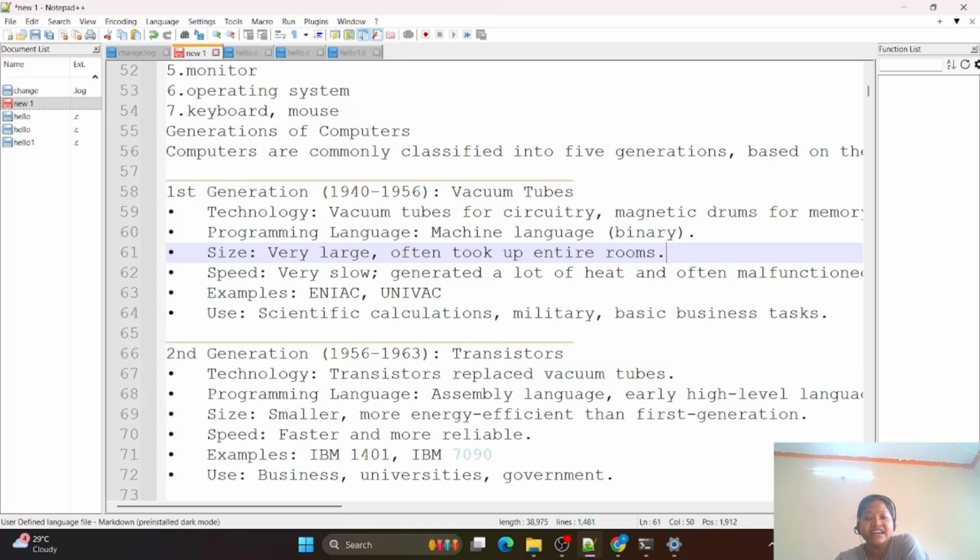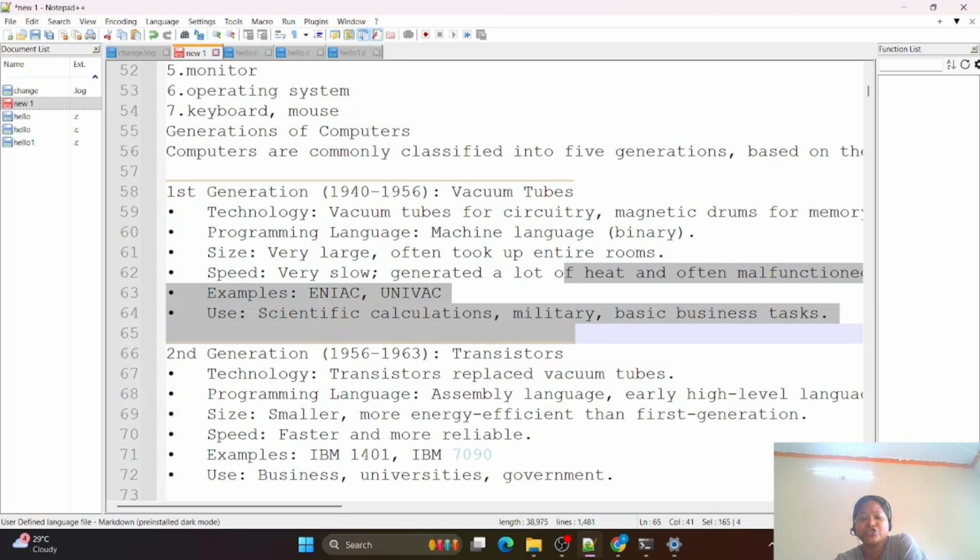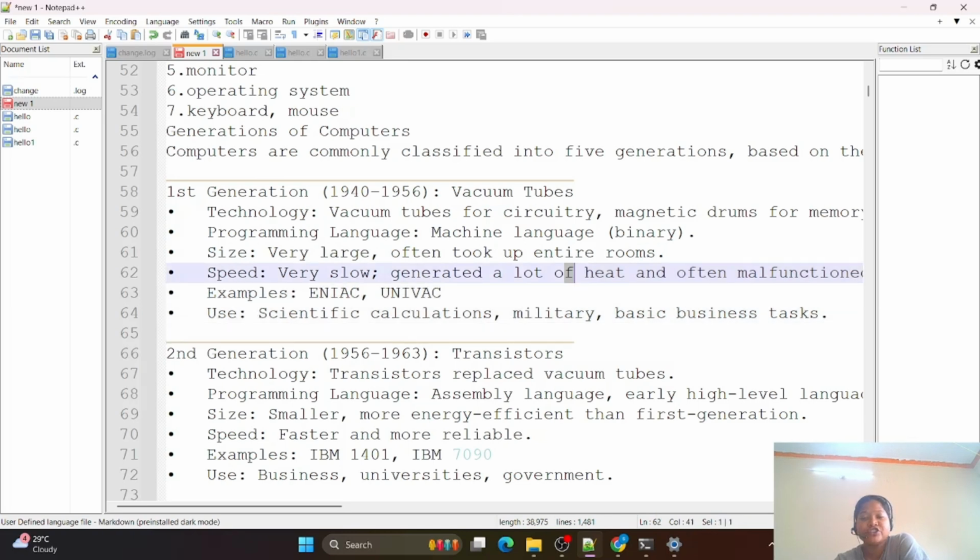So that's the actual funda. Then speed was very slow, and it generated a lot of heat and often malfunctioned. See, it was developed for the first time, and it was consuming a lot of electricity, so that's why it was generating a lot of heat also. And it often had some malfunctions.